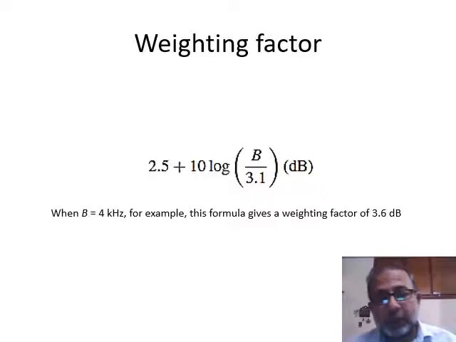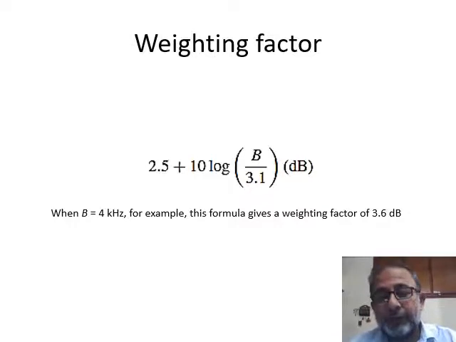Now let's see how we can find the weighting factor. If we have a bandwidth of 4 kilohertz, which is primarily used for voice, the weighting factor is given by 2.5 plus 10 log of B over 3.1, and this is given in dBs. And the answer to this is basically 3.6 dBs.